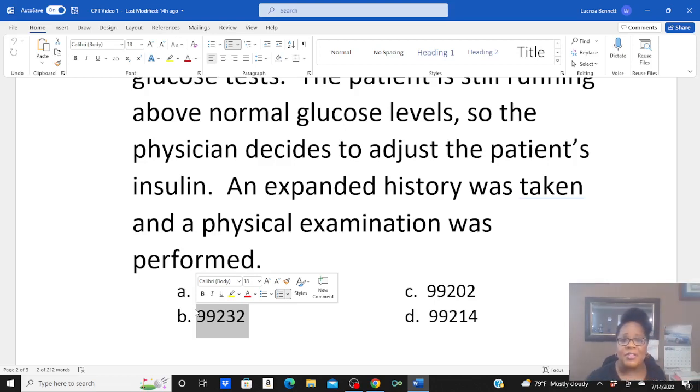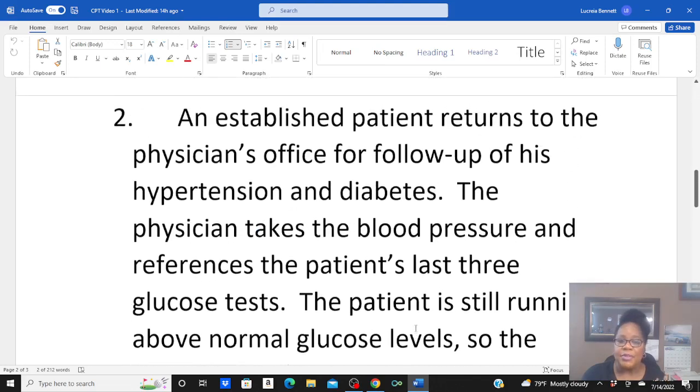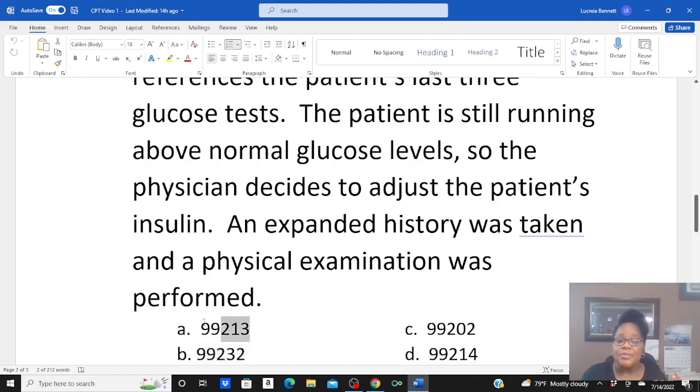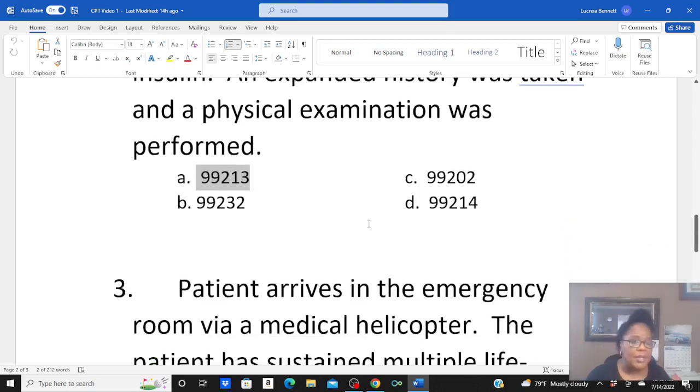It's a subsequent hospital care code. So even weaning these two, you know B and C cannot be the answer. So it's got to be 213 or 214. And with this case, with it being a return follow-up visit, the answer is a 213, guys. Okay? So I wanted to point that out. So you can wean out two of the choices.